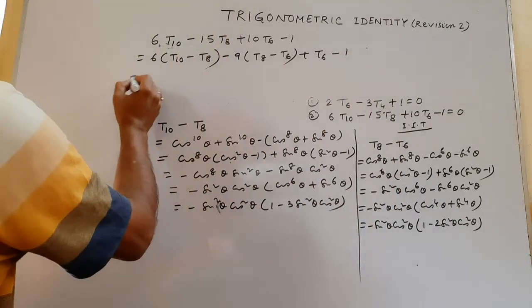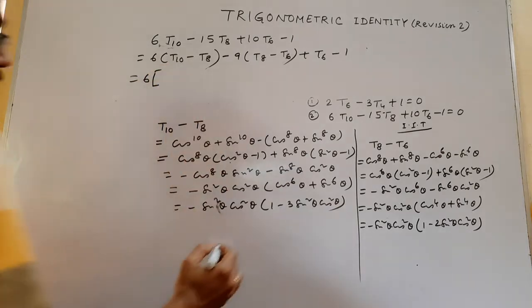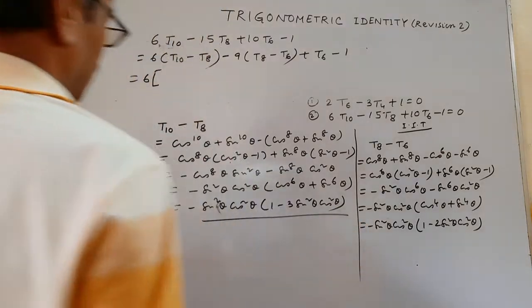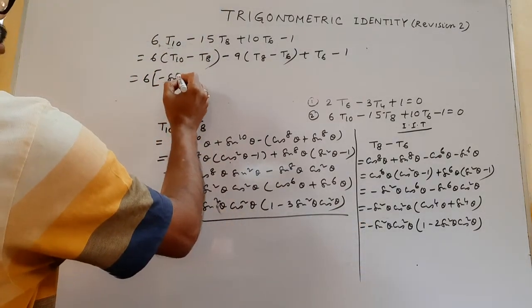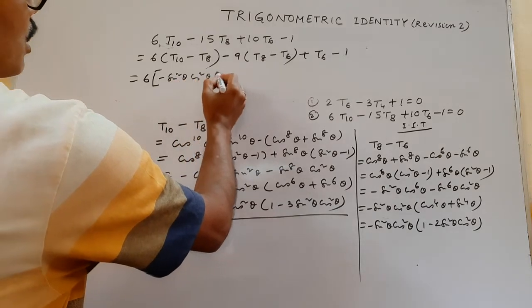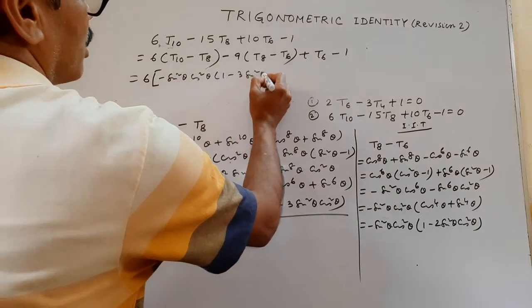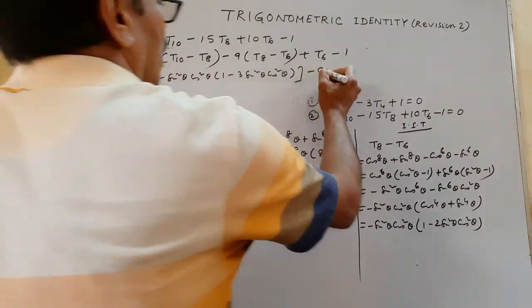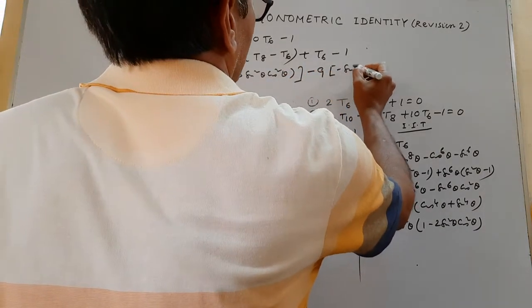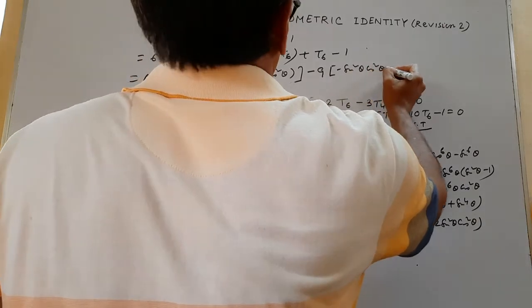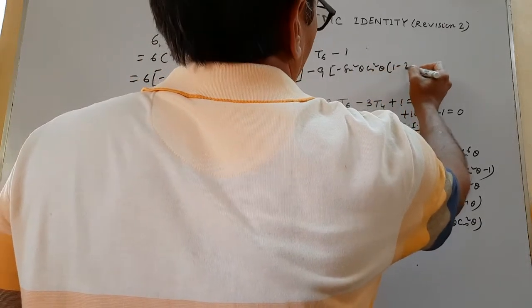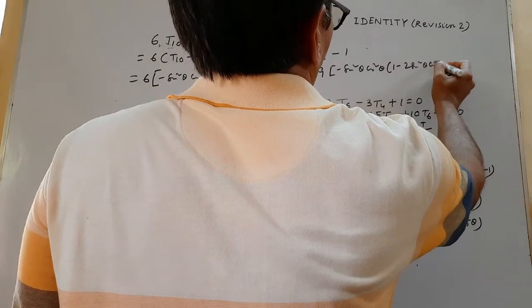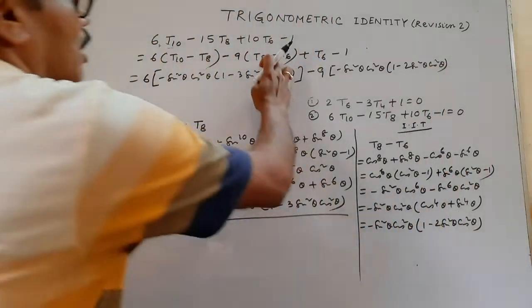Now what is the value of T10 minus T8? Minus sine square theta cos square theta, 1 minus 3 sine square theta cos square theta. Minus 9 times minus sine square theta cos square theta, 1 minus 2 sine square theta cos square theta.